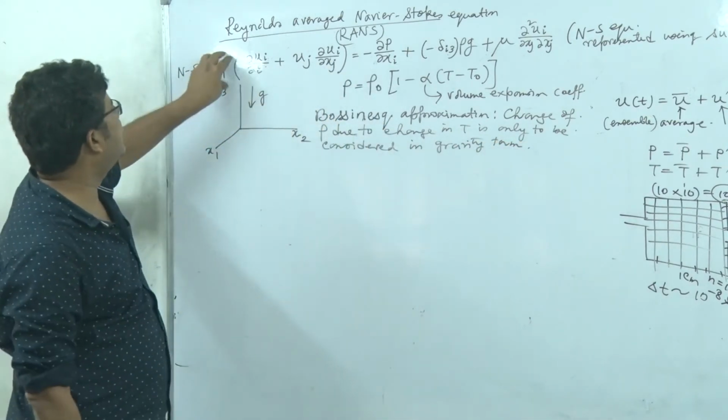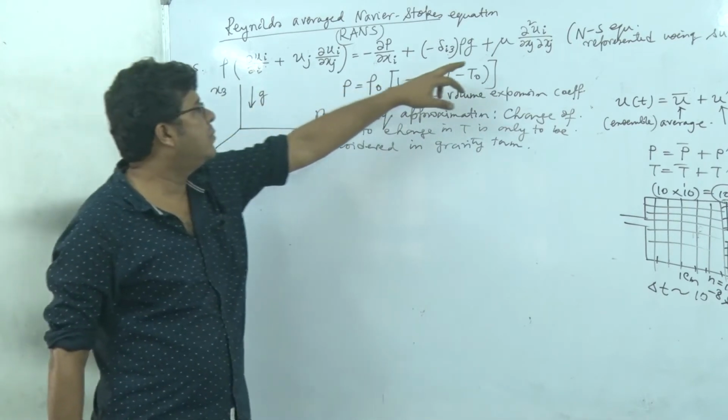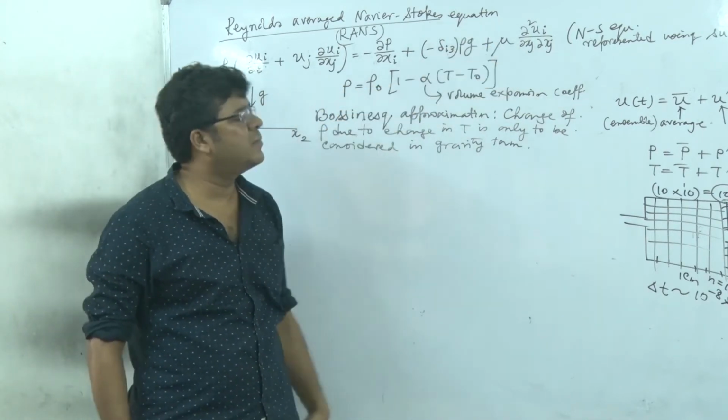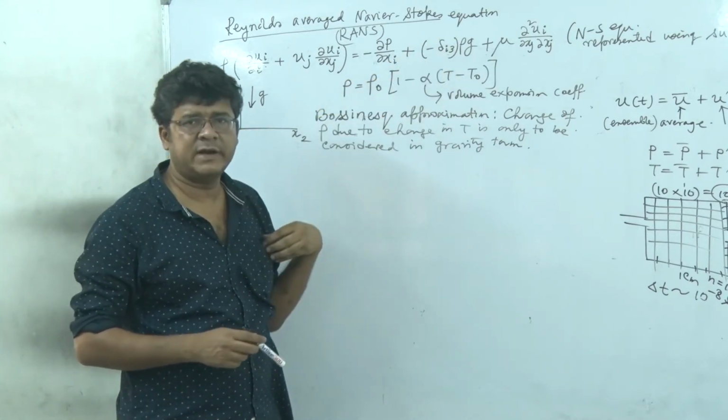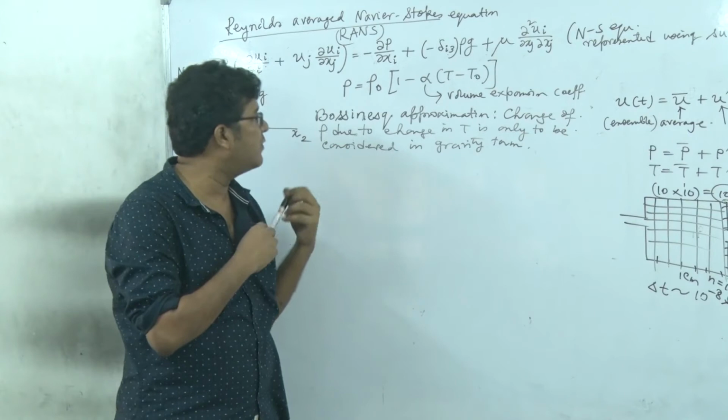So that means this rho we can consider as rho naught, and mu will simply be constant. But here in this term we have to accommodate the change of rho due to change of temperature.